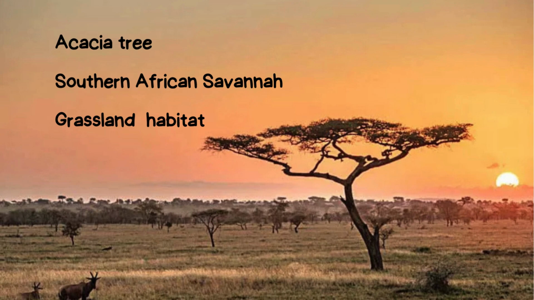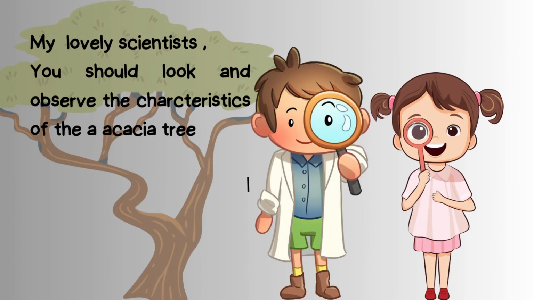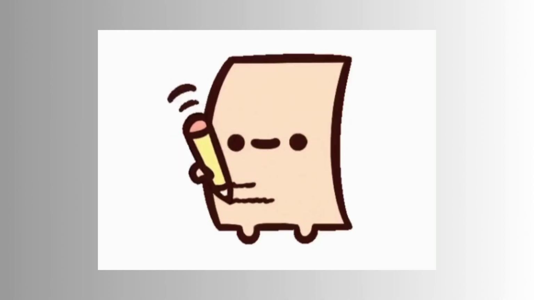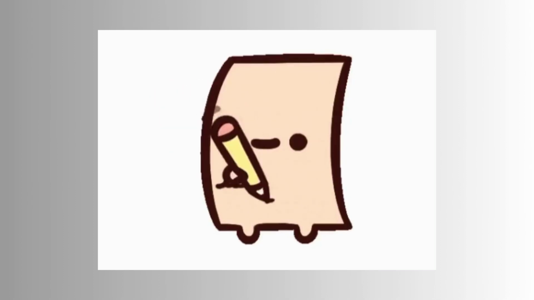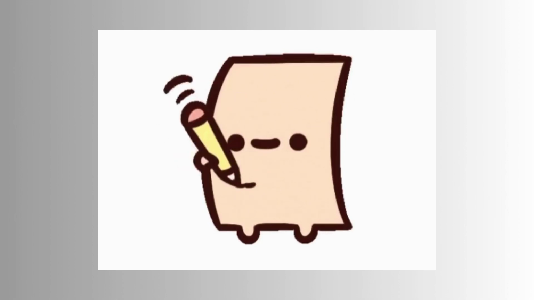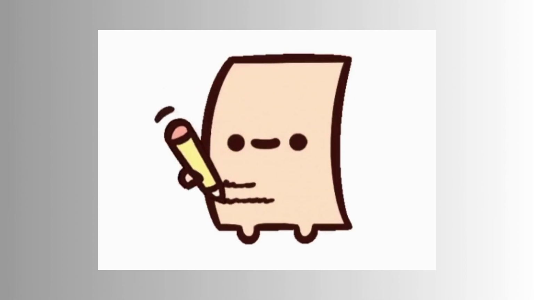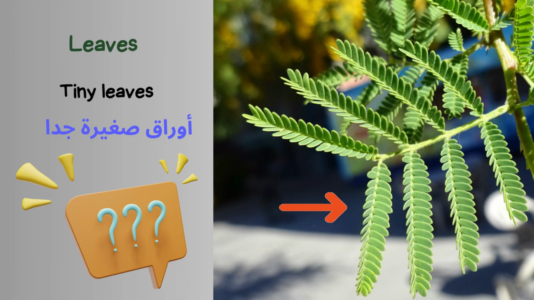So now we will take the characteristics of this acacia tree, and I want you to look carefully and take notes of what we observe, okay? Okay, first, if we look at its leaves, we will see that the leaves are tiny, very, very small leaves.